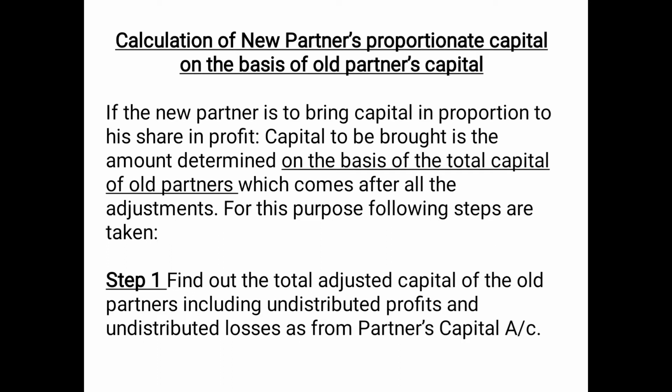Adjusted capital means after making all the adjustments given in the question regarding undistributed profit, undistributed losses, etc. That means we can say the balancing figures shown by partners' capital account.